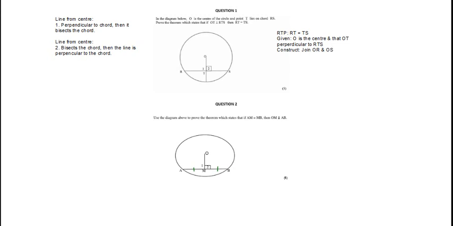So I have OR constructed, and I also have OS constructed. Now, after constructing those two, I can move on with my proof.